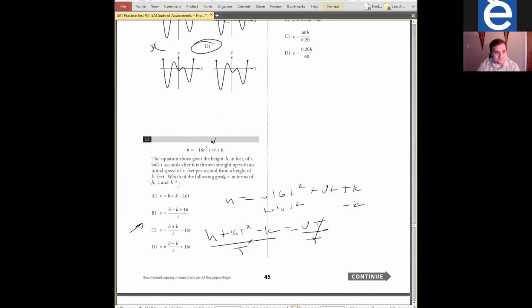Now, why isn't there one that looks like that exactly? It's because they decided they wanted to display it in a little bit of a weird manner. So instead of having this, they simplified this term. So what they did in effect was make it h minus k over t plus 16t squared over t, and they canceled out that t on the bottom with the squared.